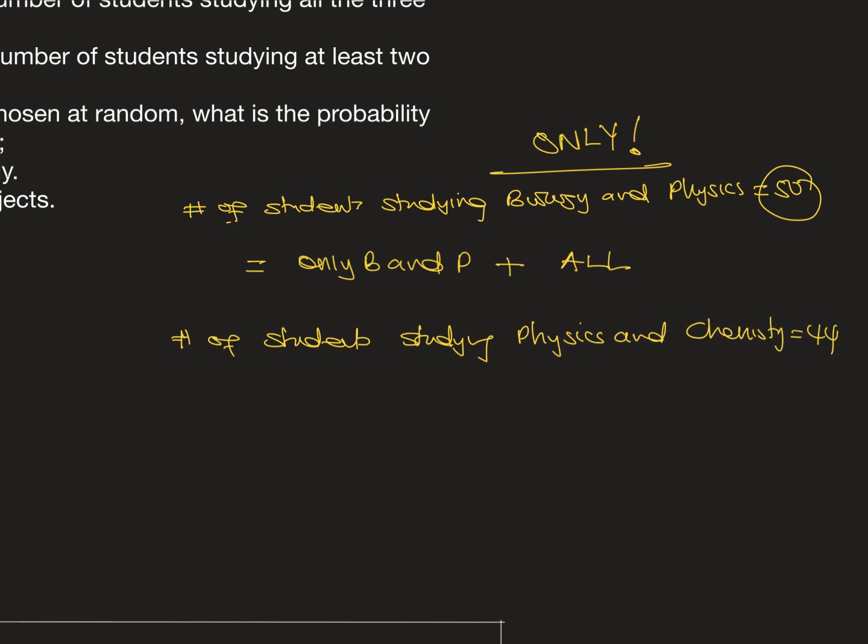Is the word only mentioned? No. Which means that is the total number of students studying physics and chemistry. So that will be only physics and chemistry plus all the students.